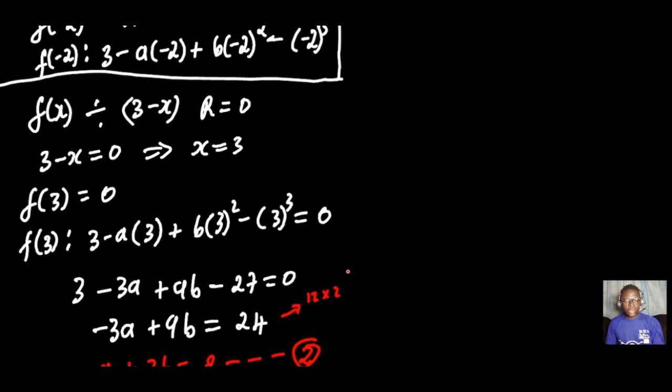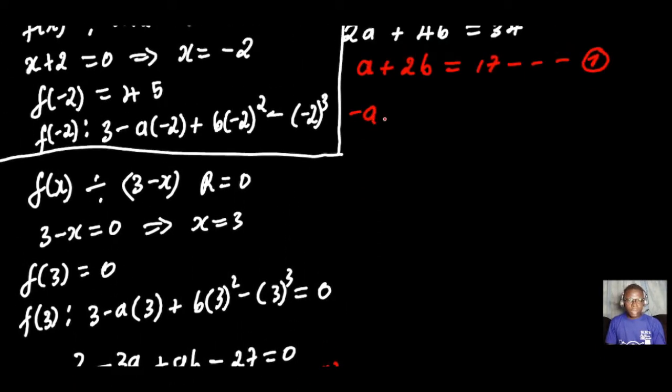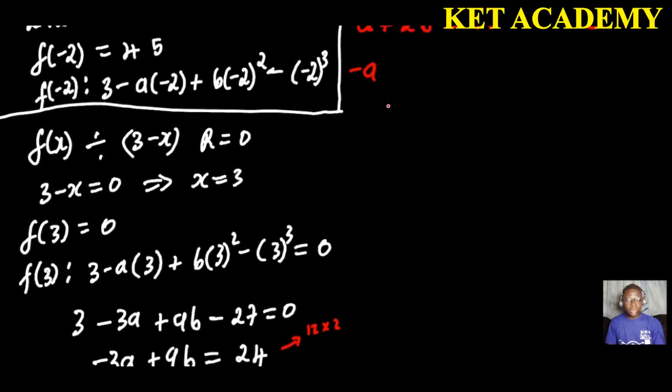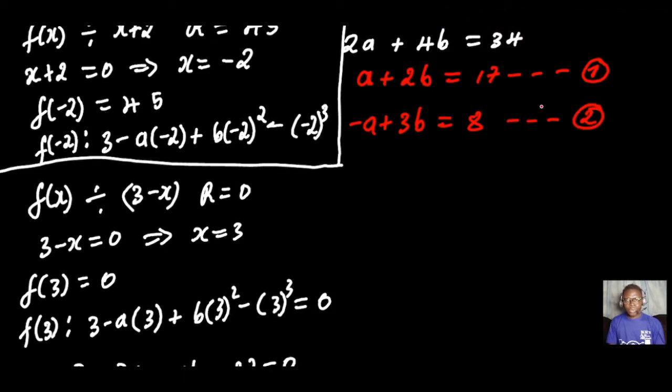Now looking at equation 1 and equation 2, our equation 2 is minus a plus 3b equal to 8. Now solving this, we're going to simply take equation 1 plus equation 2.